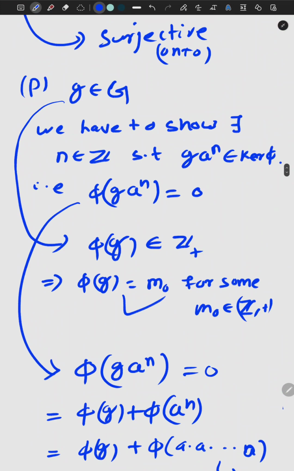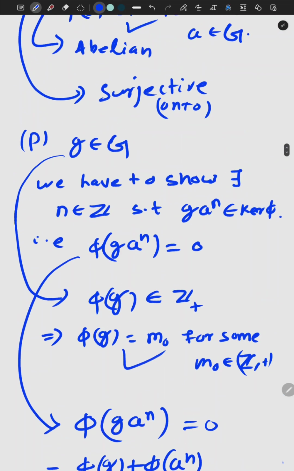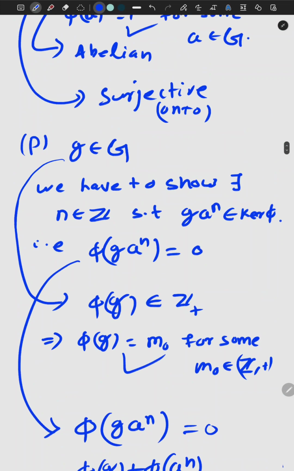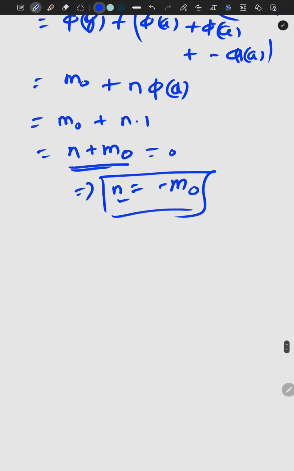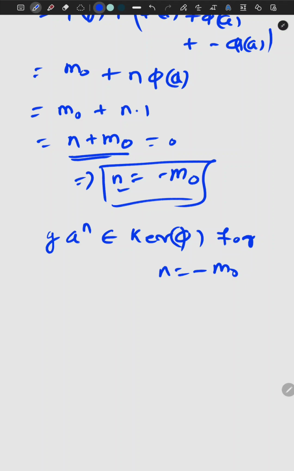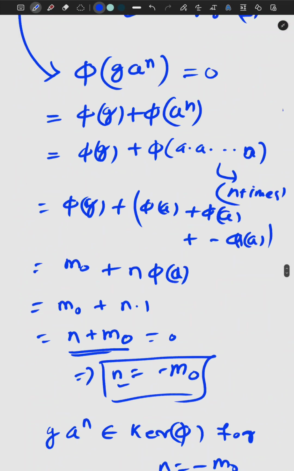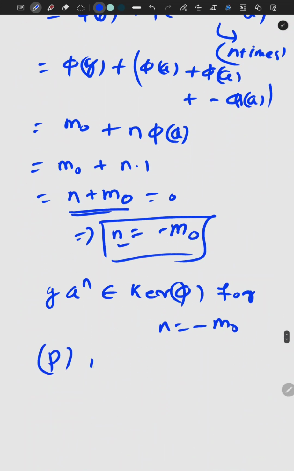So for every g we get a value n equal to minus m0, and phi of g a to the power n equals 0, which means g a to the power n belongs to the kernel of phi for n equal to minus m0. So statement P is true.